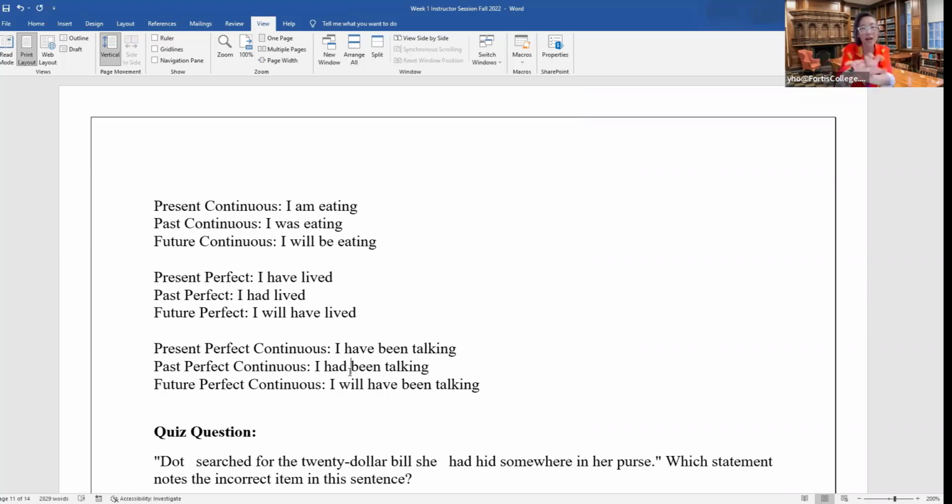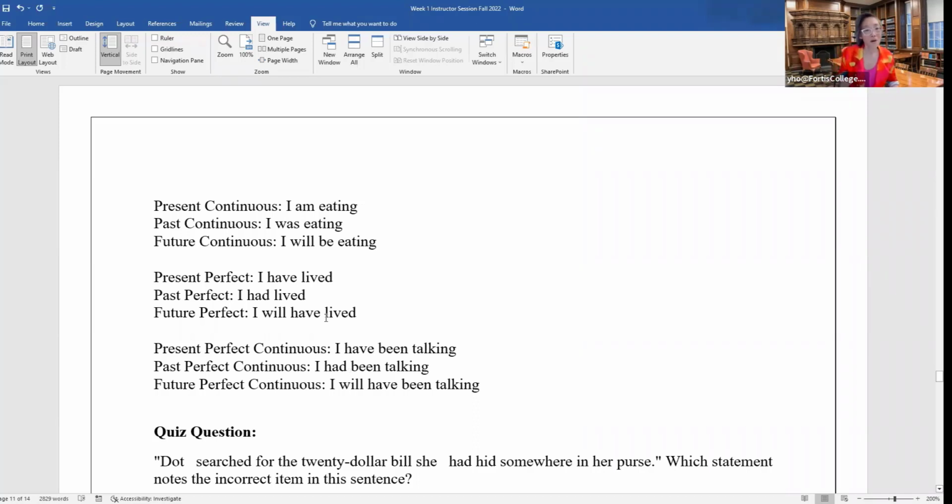So either the two actions running together is happening today, or the two actions running together happened yesterday, or the two actions running together will happen tomorrow at the same time. So tomorrow I will be doing a lecture just like this one. The students will be listening, so the two run together.